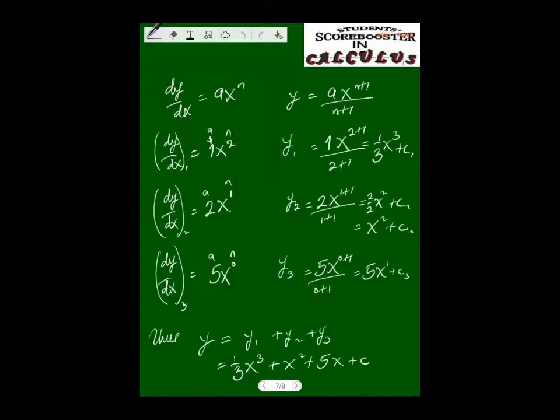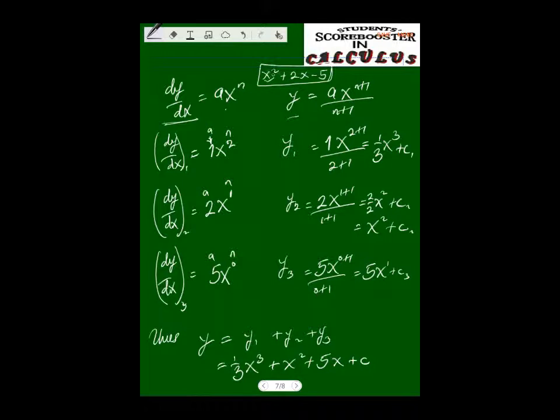So this is the solution. First of all, I'm going to write my formula. I said if you have dy dx equals a x raised to power n, your solution will be y equals a x raised to power n plus 1 over n plus 1. So I will take the first term. Don't forget, what we have is x squared plus 2x minus 5. This is what you are given in the question. So the first term will be this one.